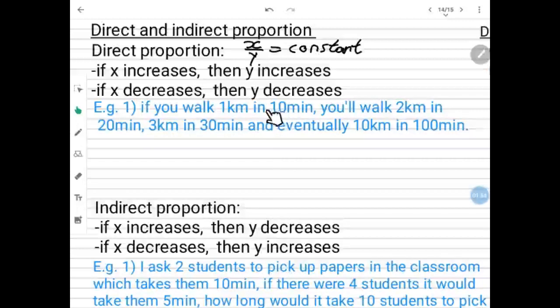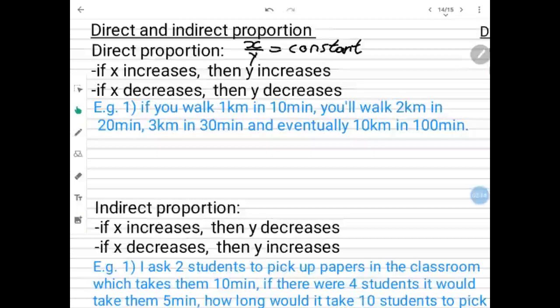If you multiply by 2, 1 times 2 is 2 kilometers, and 10 times 2 is 20 minutes. They are directly proportional.